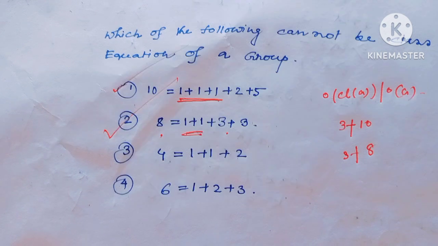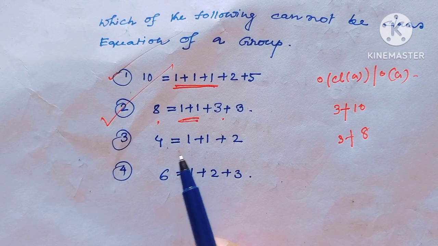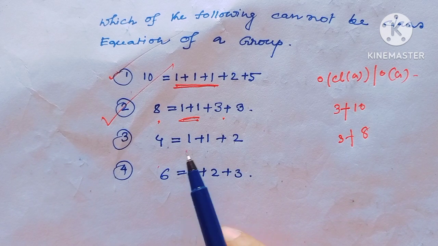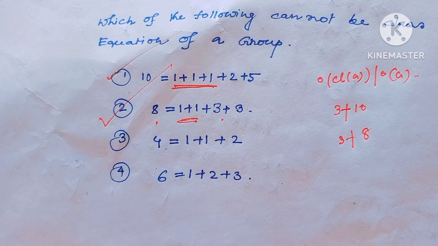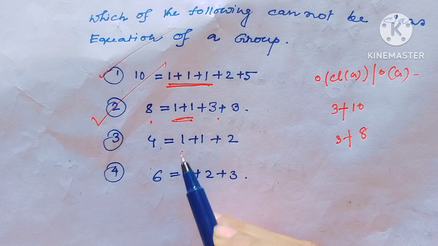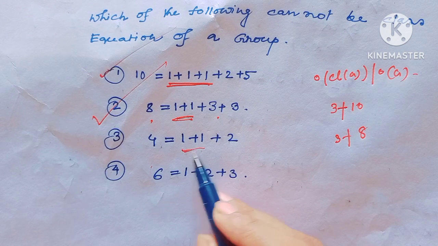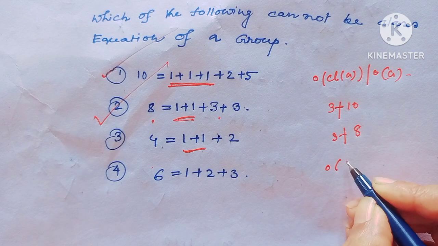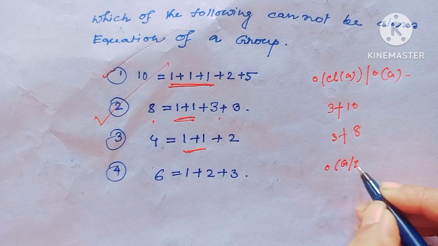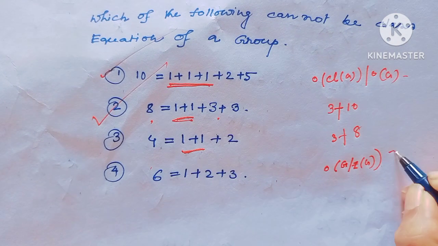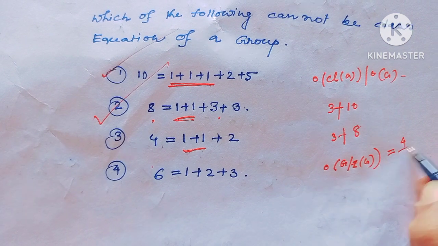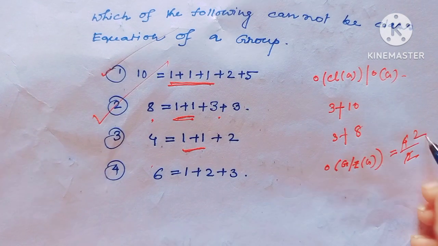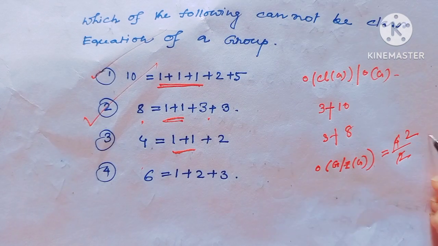Third, 4 equals 1 plus 1 plus 2. Here all the numbers divide the order of the group. If the order of Z(G) equals 2, then by the theorem we saw a few minutes ago, G over Z(G), where the order of G is 4 and the order of Z(G) is 2, is isomorphic to Z2.